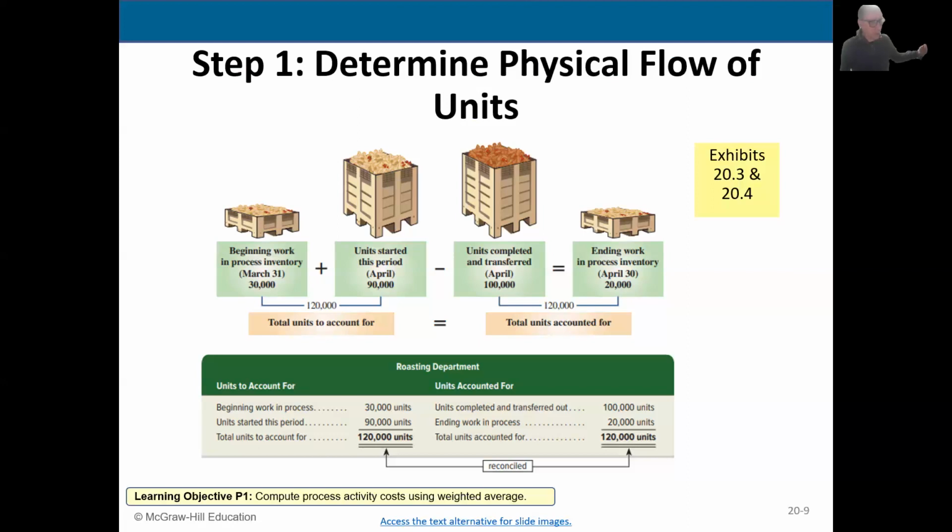Then we extract the beans and roast them in the second step. So in the second step, we're roasting the beans. We take the raw materials and put them into work in process at its first department, which is the roasting department.